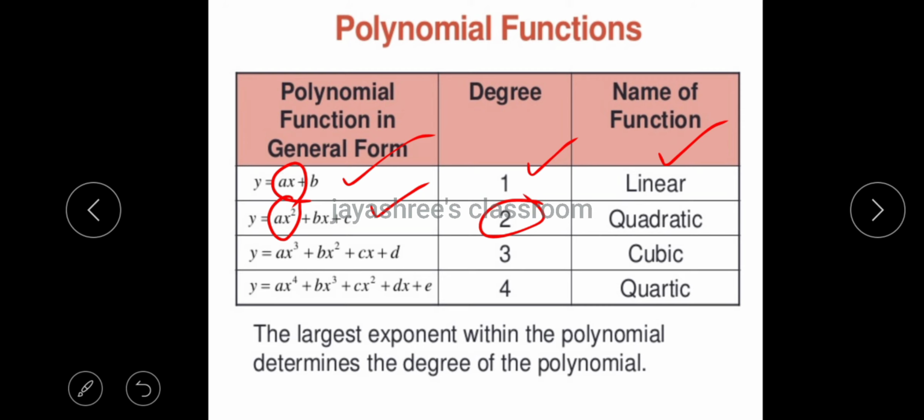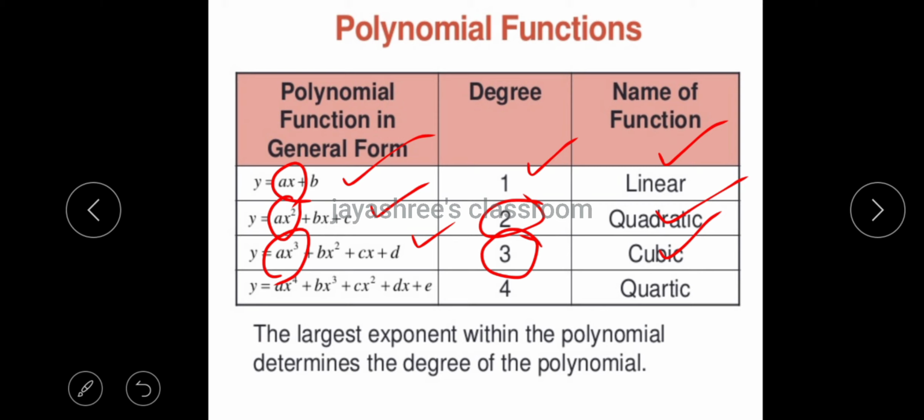Functions having the highest degree 2 are called quadratic functions. Now in the third example, y is equal to ax cube plus bx square plus cx plus d. What is the highest degree? It is 3. Such functions are called cubic polynomials.